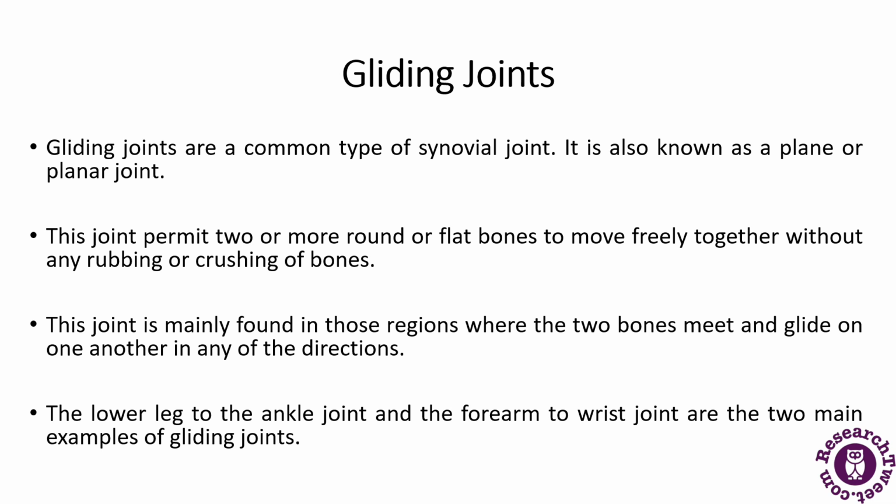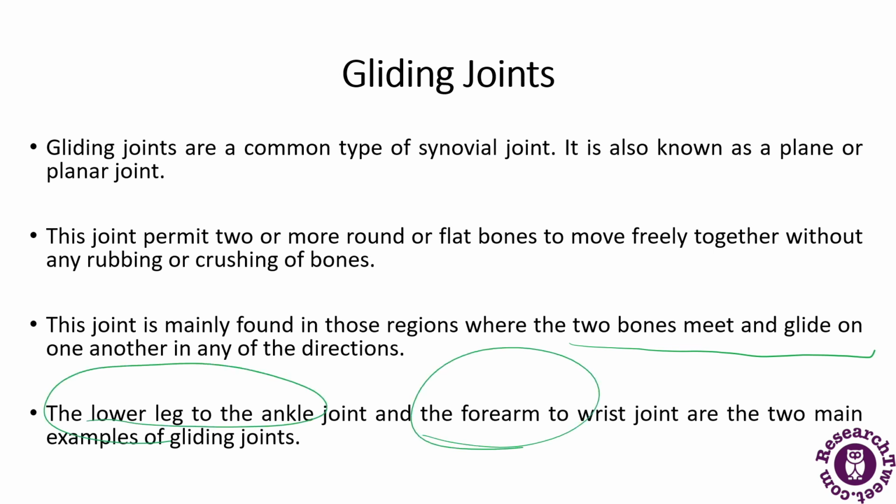This joint is mainly found in those regions where two bones meet and glide on one another in any of the directions. The examples of the gliding joint include the lower leg of the ankle joint and the forearm to the wrist joint.